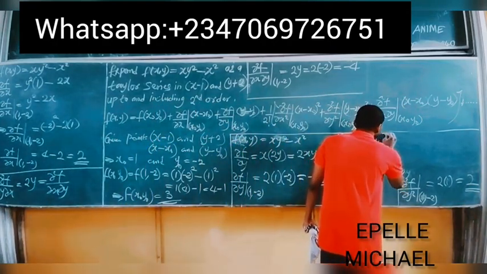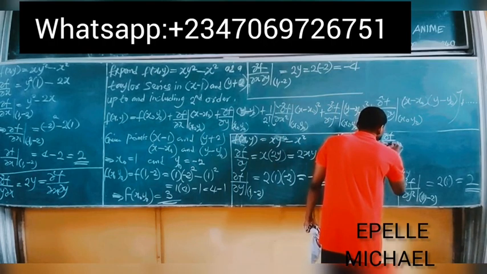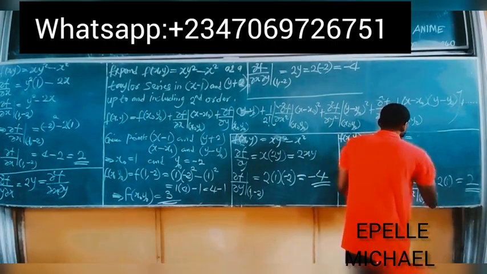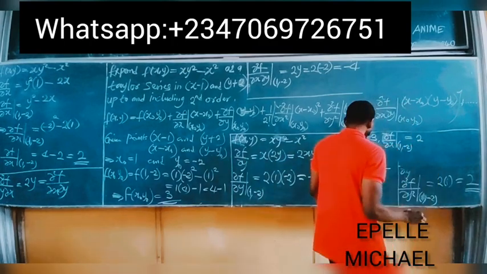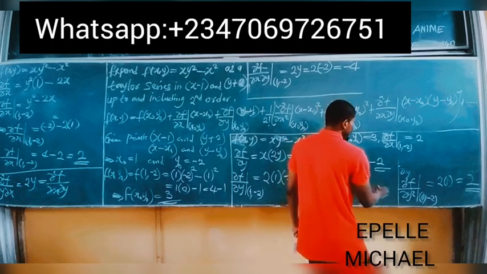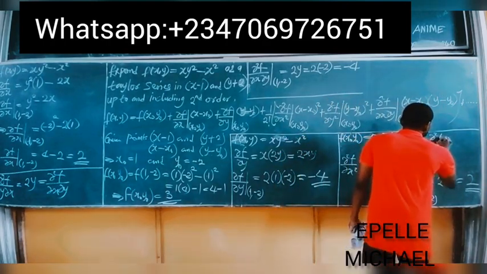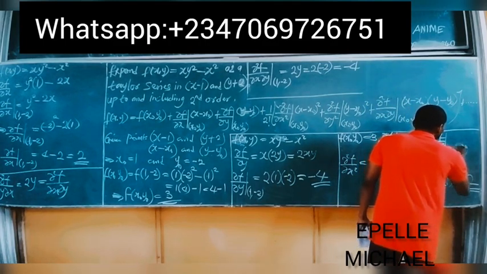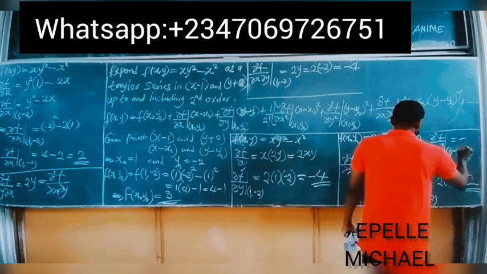Partial f partial x at (1, -2) is equal to 2. Okay, next I obtain partial squared f partial x squared to be -2, at that point (1, -2).